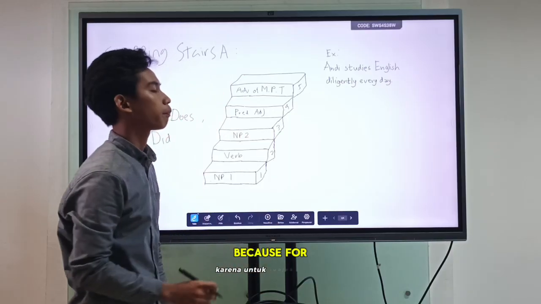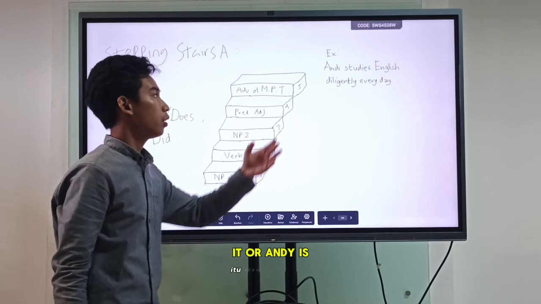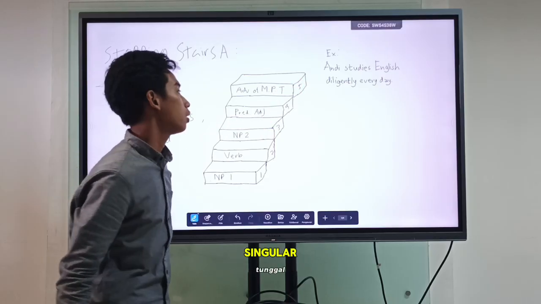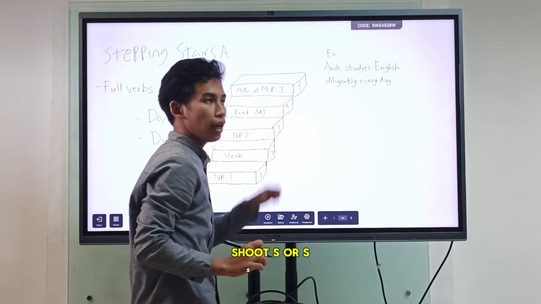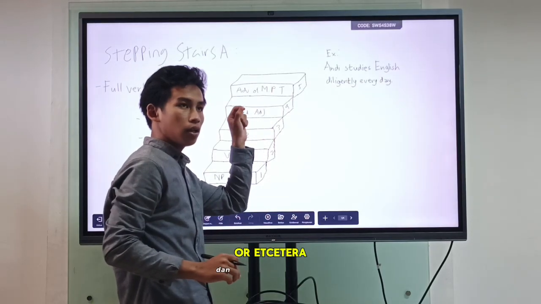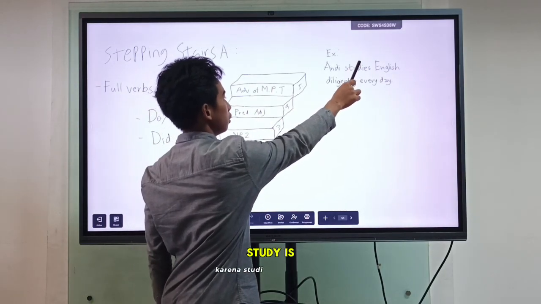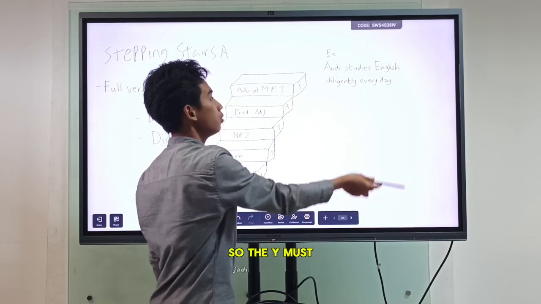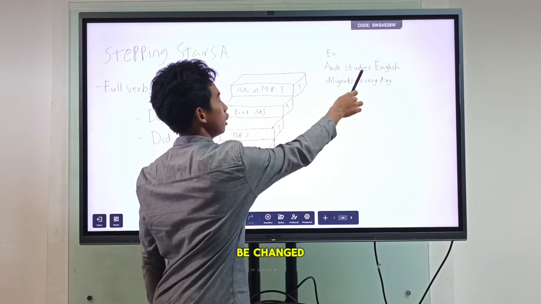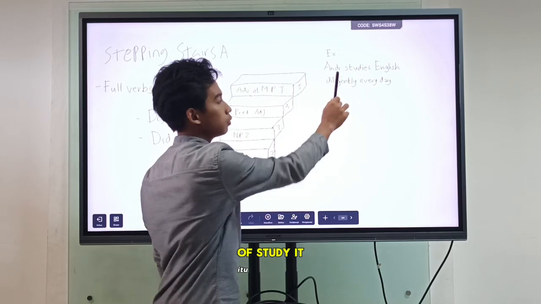Because for a singular subject like he, she, it, or Andi, the verb should add s or es, etc. In this case, because study ends with y as the last consonant, the y must be changed to ies. So instead of study, it becomes studies.